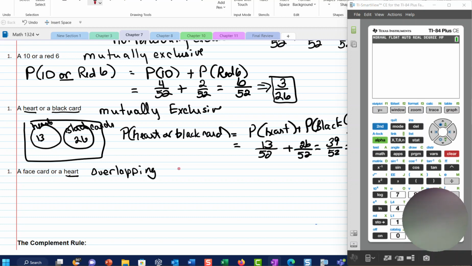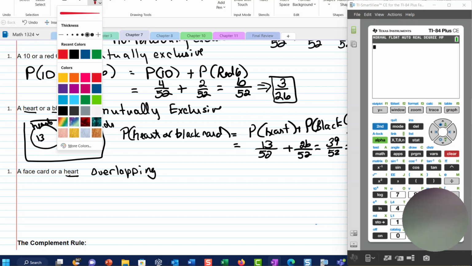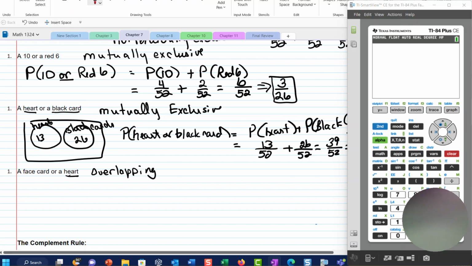And there is a jack of hearts. Ooh, that's kind of thick. I noticed that earlier. Let me look at that a little bit. We have a jack of hearts, a queen of hearts, and a king of hearts. All right, because they wanted hearts.